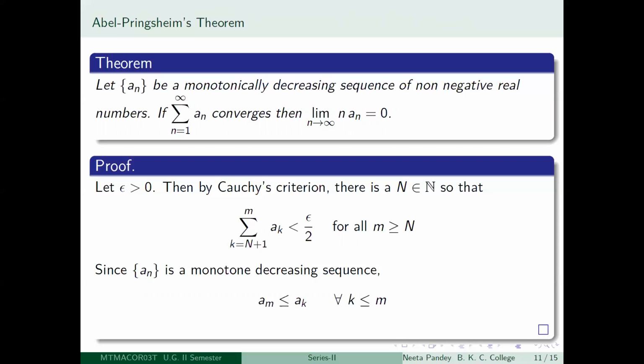Then again you can make a statement dependent on the convergence of the series. That is, you can make a necessary condition on the convergence of series. If the summation from n equal to 1 to infinity of an converges, then the limit as n tends to infinity of n an will be equal to 0. So let us prove this.